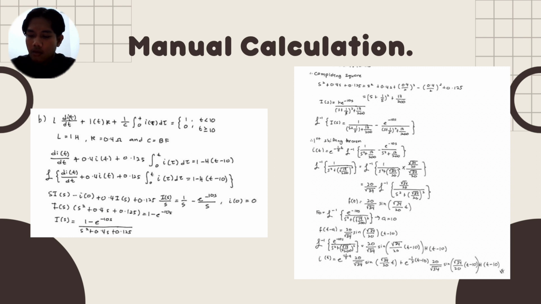Laplace inverse of 1 over s square plus square root 17 over 200 equals Laplace inverse of 1 over s square plus square root 34 over 20 multiplied by square root 34 over 20 over square root 34 over 20.